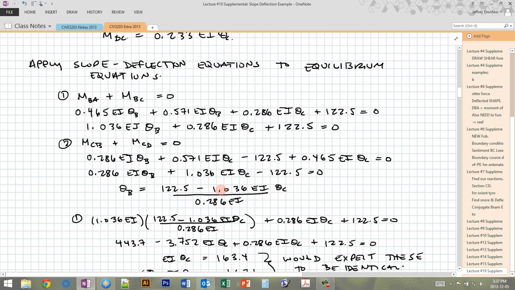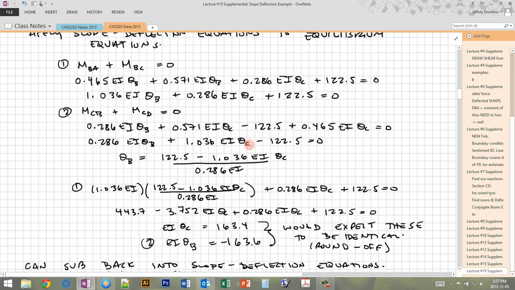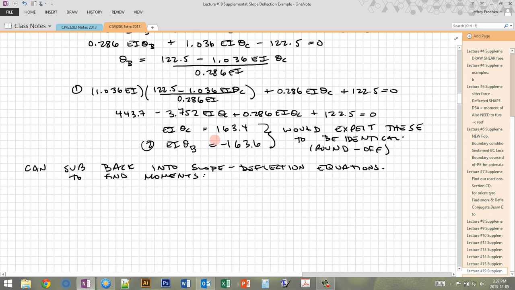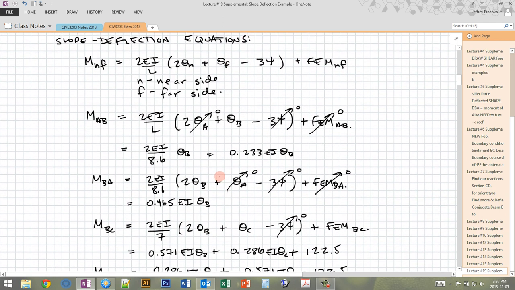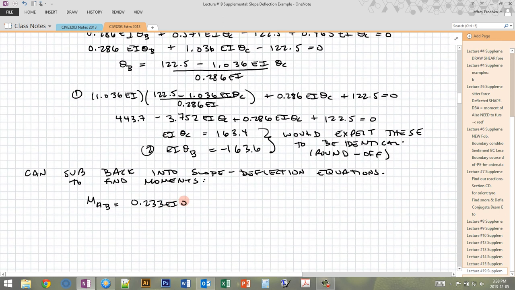So for example, if we go to MAB, way up here, MAB is equal to positive 0.233 EI theta B. So EI theta B is negative 163.6. So 0.233 times negative 163.6.